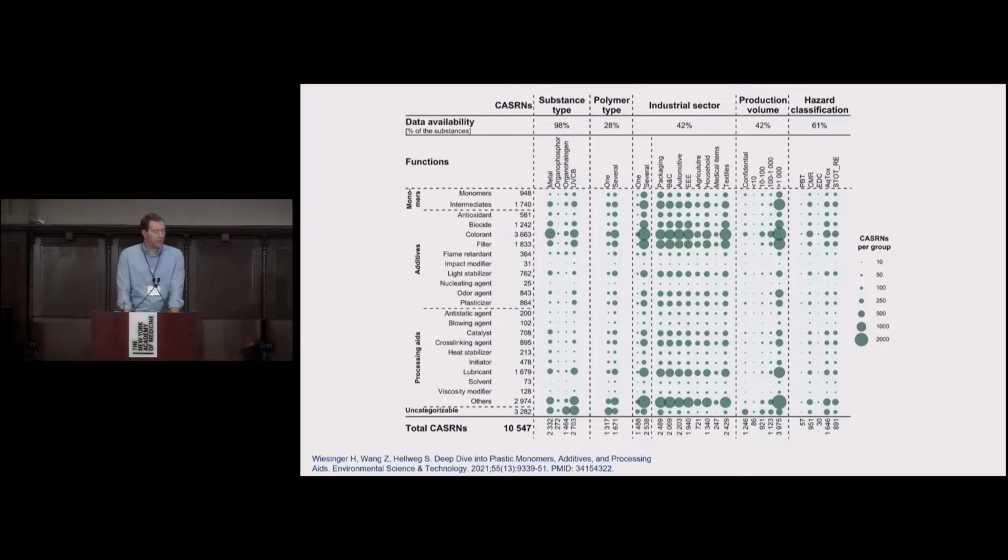And she was able to identify over 10,000 CAS numbers for unique chemicals that were associated with some stage of plastic manufacturing. These are only the chemicals that are actually used in the manufacturing process.